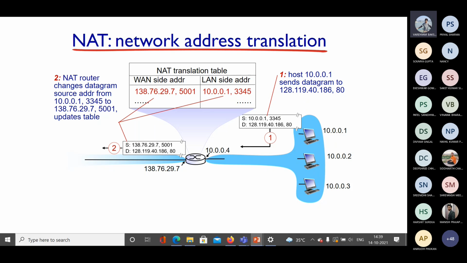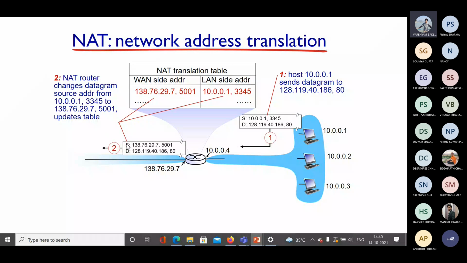What happens when this datagram reaches the NAT router? First, the NAT translation table has to remember what is happening, and the NAT router also has to replace the source address.